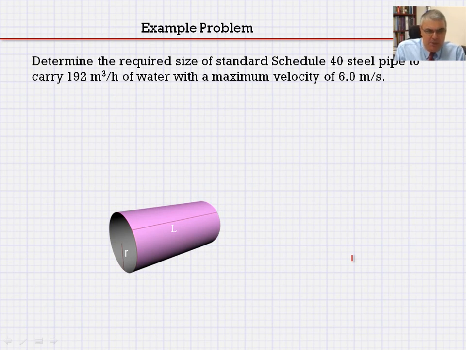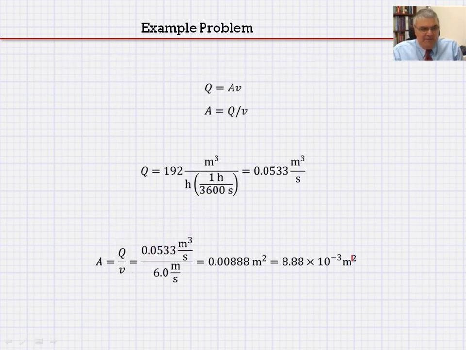We are to determine the required size of standard Schedule 40 steel pipe to carry 192 cubic meters per hour of water with a maximum velocity of 6 meters per second. So the first thing we need to do is convert Q to cubic meters per second, because the velocity is given in meters per second, so we need to have the units correct.